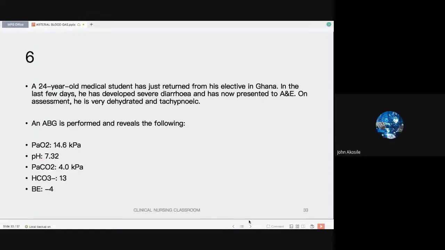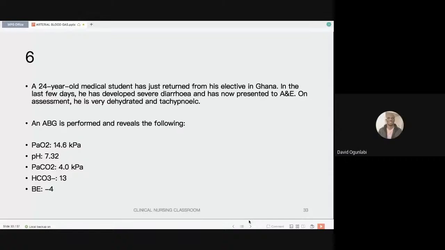The PCO2 is 4.0, which is lower, so we would say that's alkalosis. Then the HCO3 is 13, and the normal range is supposed to be between 22 to 26. That is lower.